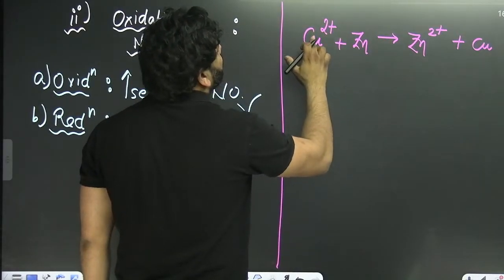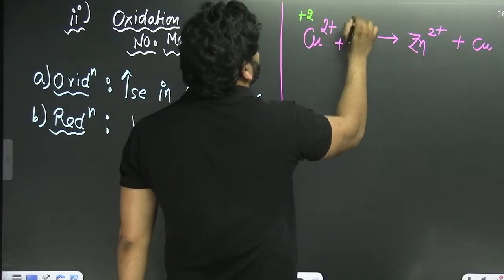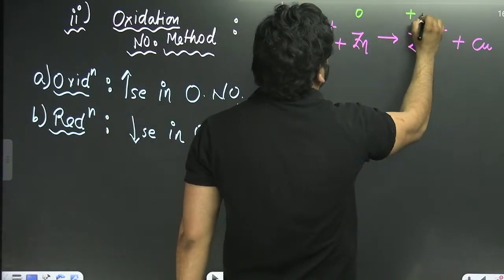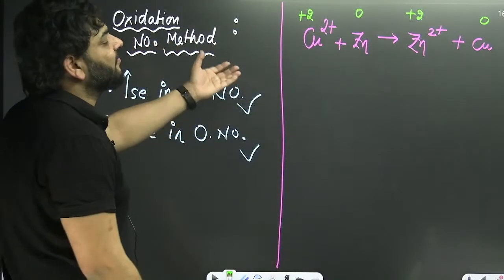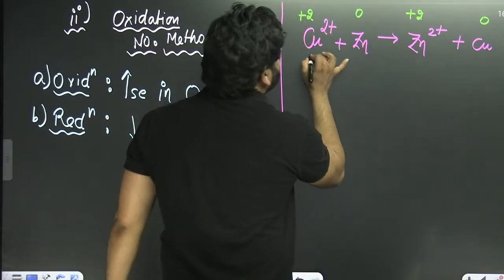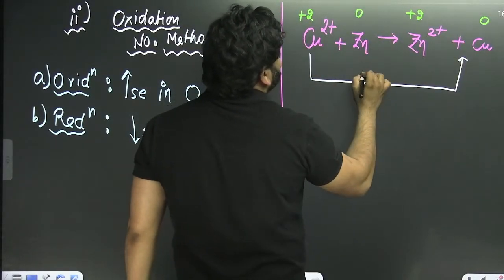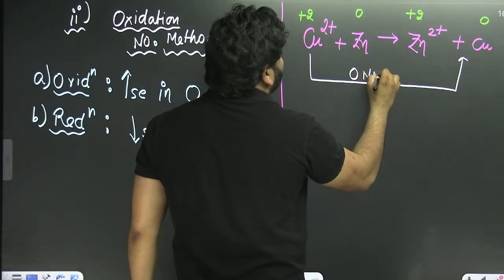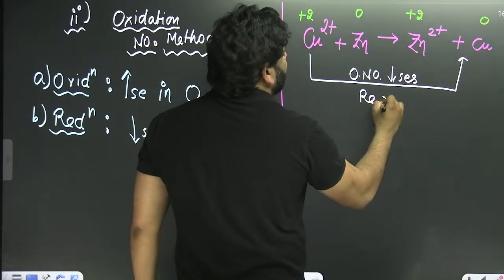Just like Cu2+ has a +2 oxidation state, Cu has 0 oxidation state because it's a neutral atom, a neutral element with no charge on it. You can find out the nature of the process. Going from +2 to 0, the oxidation state has decreased, so this process is called reduction.